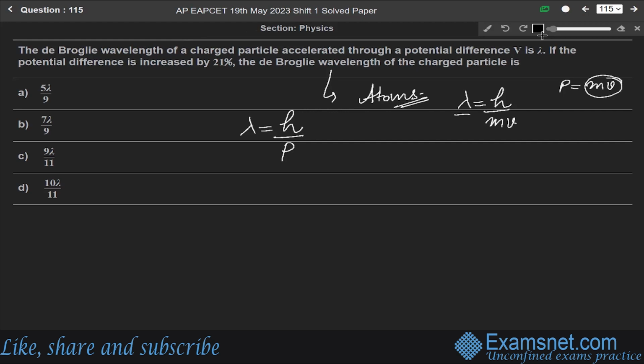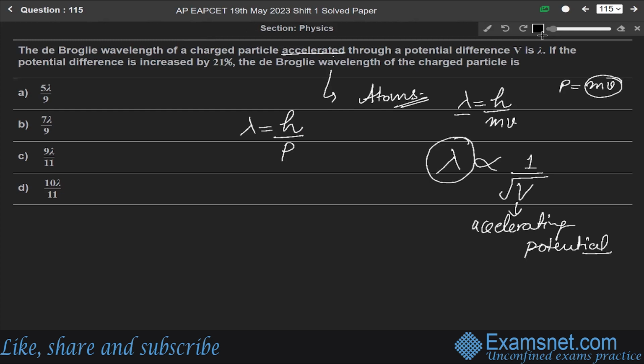This is velocity. Okay, we have to write in terms of accelerating potential. So for accelerating potential, the wavelength is always inversely proportional to under root of V, where V is the accelerating potential. Always remember when we have to write the de Broglie wavelength in terms of the potential, it is always inversely proportional to under root of that potential V. Okay.